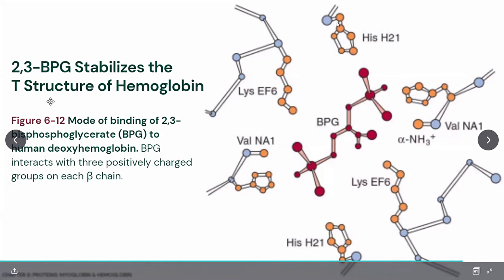Now this is contribution from one subunit, another subunit, another subunit, another subunit. Okay, so this is now stabilizing your globin molecule.